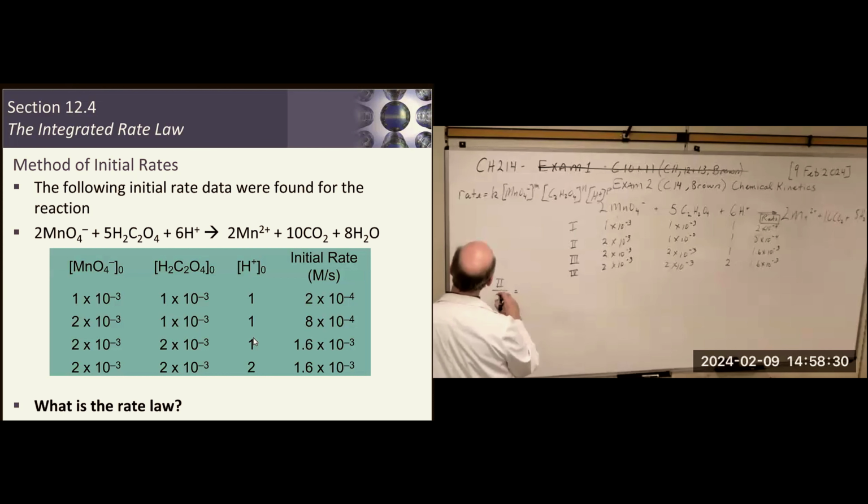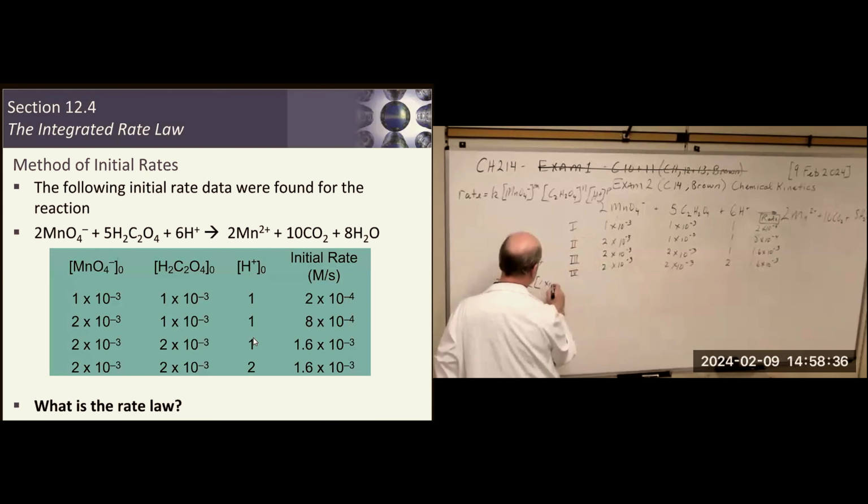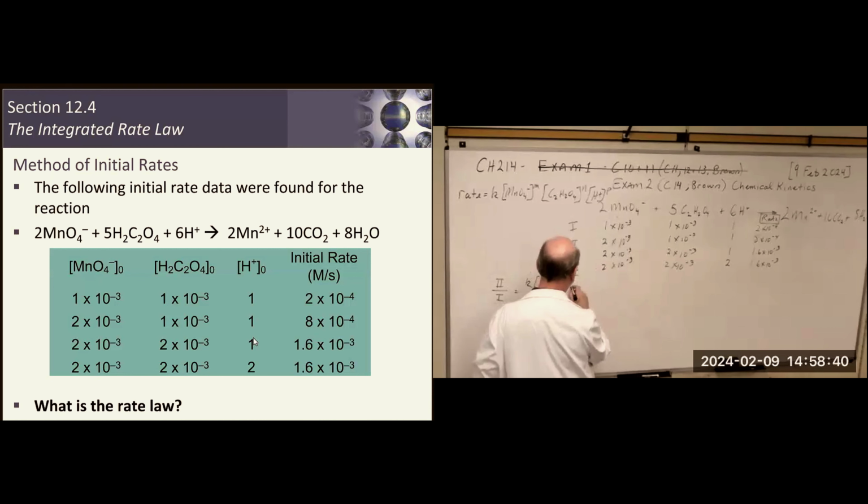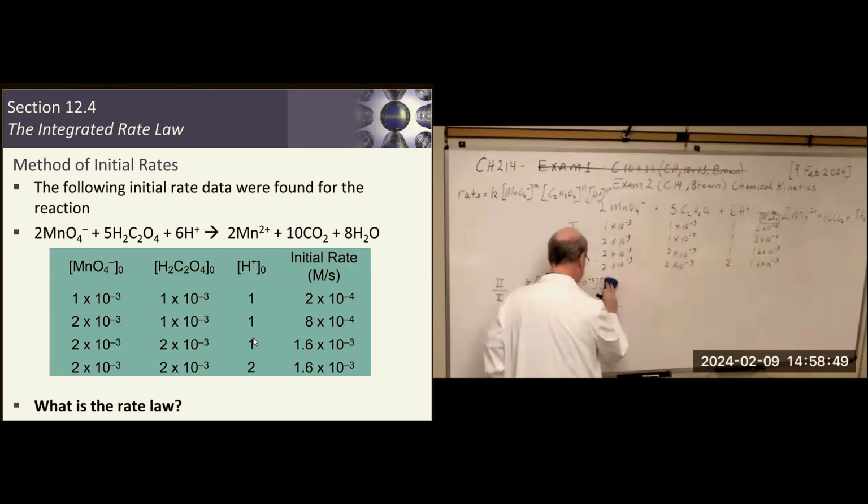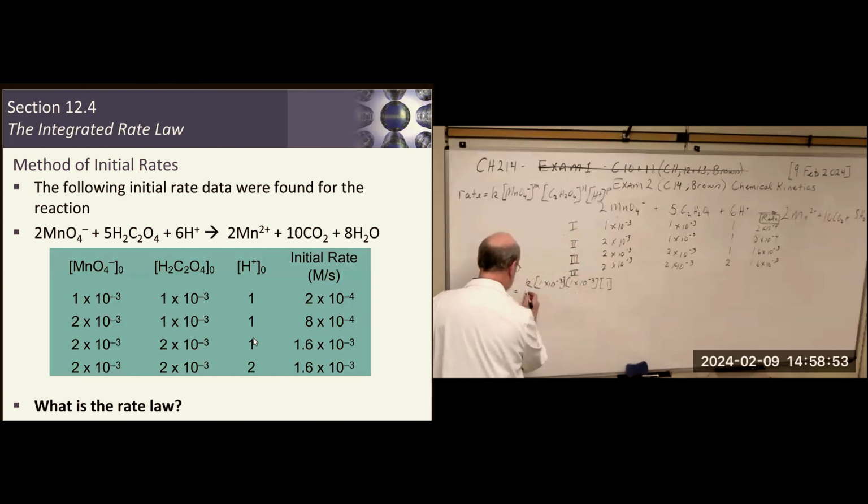And that's going to be K on top times the concentration of MnO4, 1 times 10 to the minus 3, and then 1 times 10 to the minus 3, and then hydrogen is 1. Okay. And then we're going to divide that one by this one.